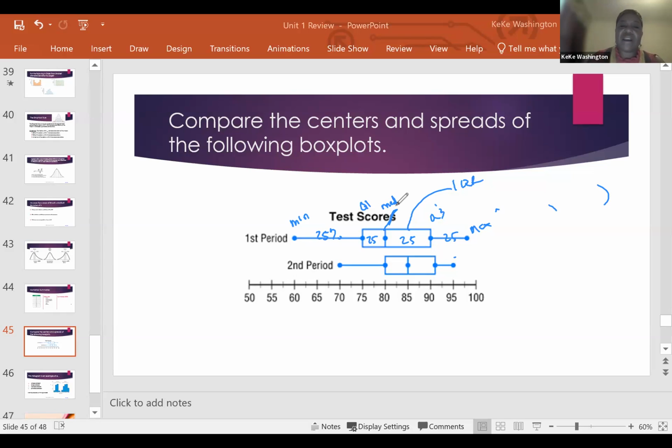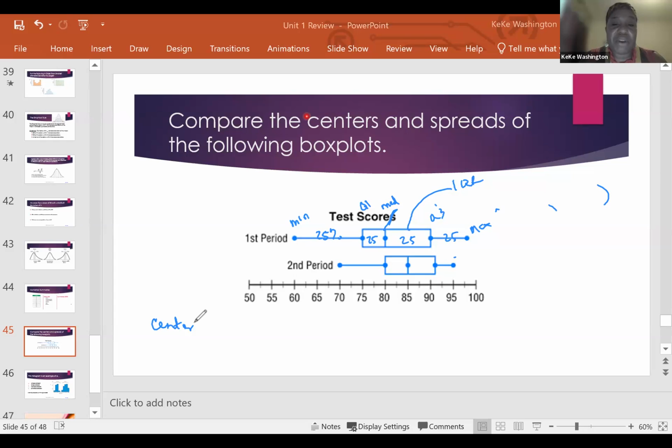Okay. All right, so some of the questions that can be asked here would be, compare their centers. So if I'm comparing their centers, there's only 2 measures of center, mean and median, and the only thing that the box plot gives you is the median. Therefore, if I compare their centers, I'm going to say second period has a larger center than first period does.